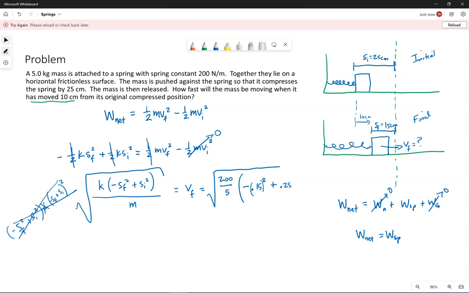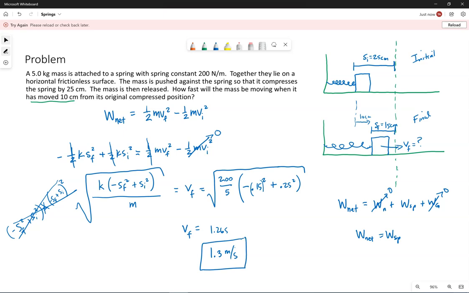And then 0.25 squared. Throwing our numbers in, we get 1.3 meters per second.